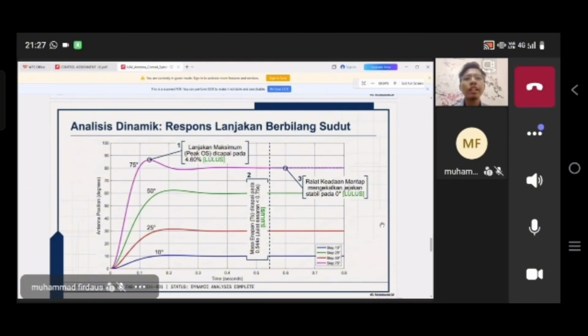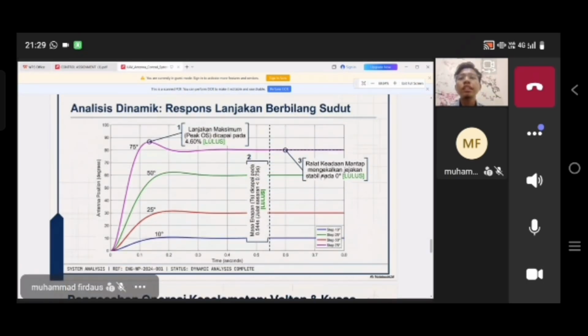The numerical output data obtained from the simulation validates the design parameters effectively. The system exhibits an identical peak overshoot of 4.6% regardless of the step magnitude because the system remains in a highly linear operating range before reaching absolute physical saturation boundaries. This value perfectly matches the design specification, which is less than 5.